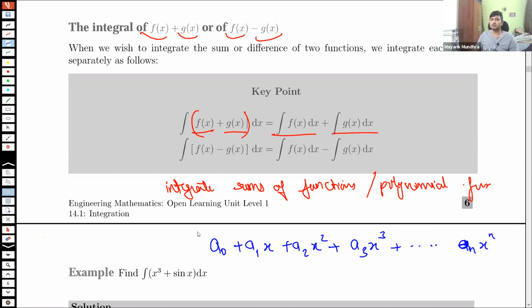All functions of this format are called polynomial functions, Pn of x, polynomial of degree n in x. So polynomial functions are simple powers of x added in some different ratios. It will have no sin x, cos x, log x, exponential x, no such noise. It will just have powers of x.